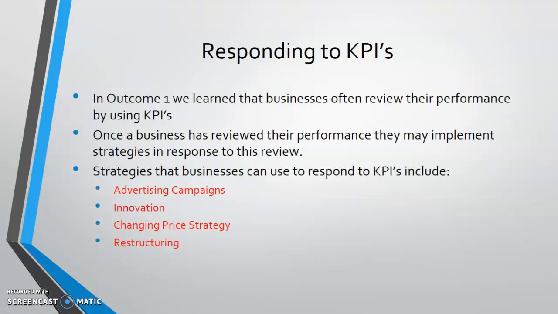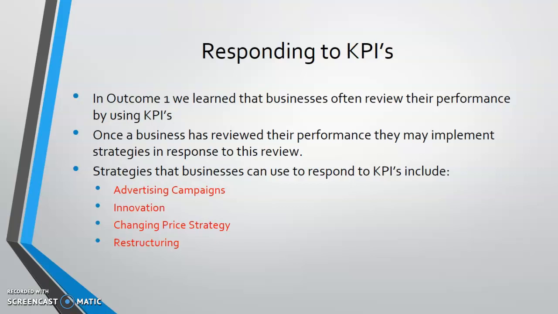Now again, in outcome 1, we learned that businesses often review their performance using KPIs. Once they've reviewed their performance, then they have to implement some strategies to improve the KPI, improve the performance. Now there are many different strategies that businesses can use to respond to KPIs, which include advertising campaigns, innovation, changing price strategy, and restructuring.